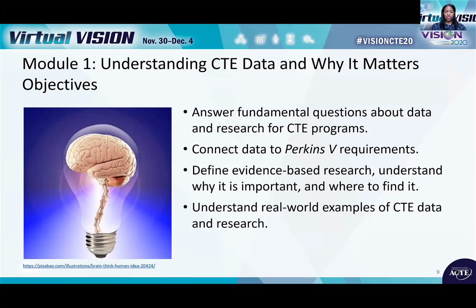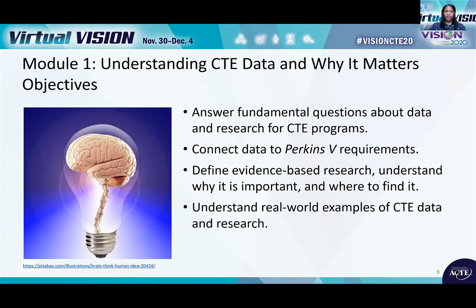In addition, you'll be able to define what evidence-based research is, understand why it's important, and know where to find it. This module contains real-world examples that will be offered to help you connect theory into practice. And so you'll see the objectives here on the screen.